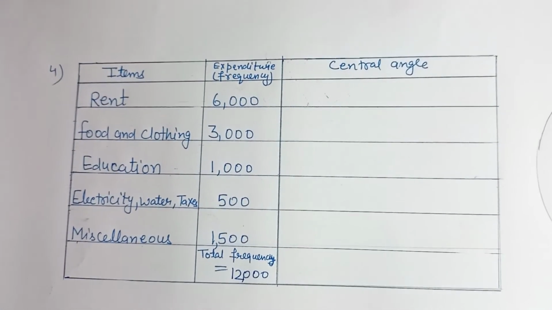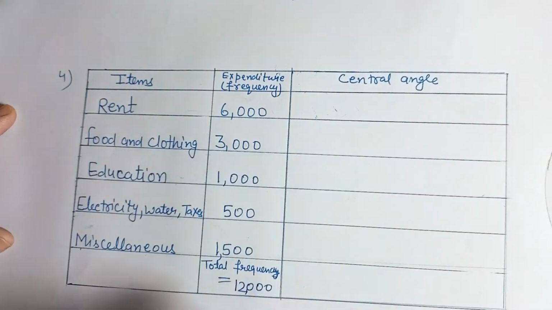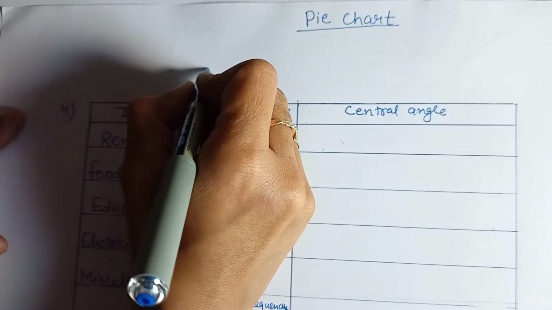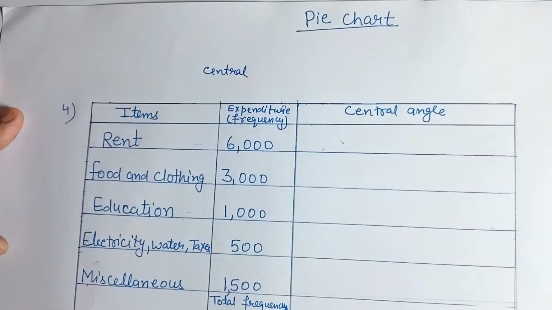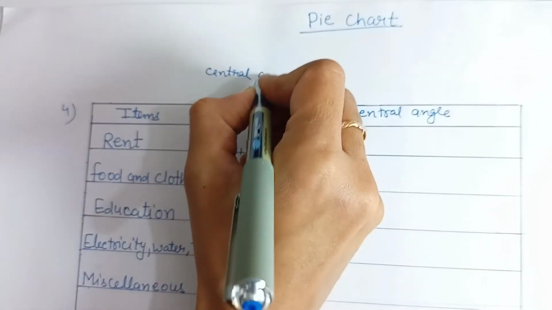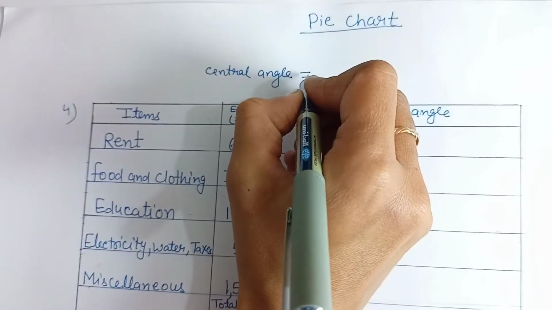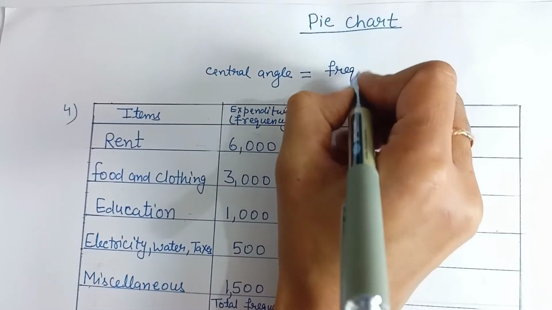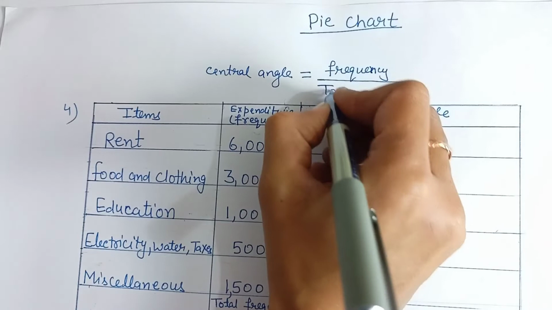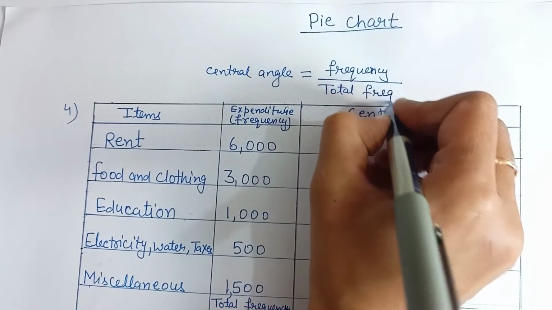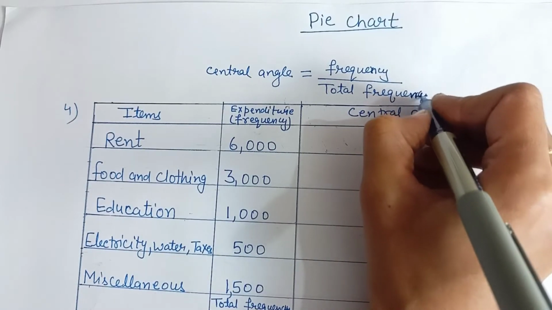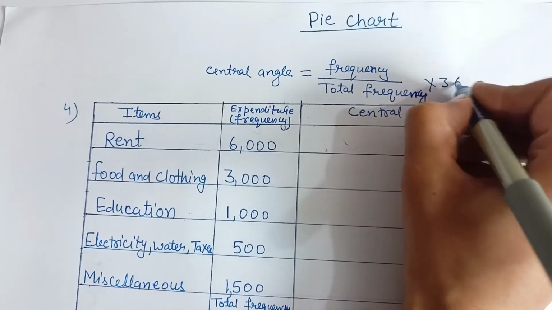Now we need to find out the central angle for each of the following items. So the formula for the central angle is: central angle is equal to frequency divided by total frequency, multiplied by 360 degree.